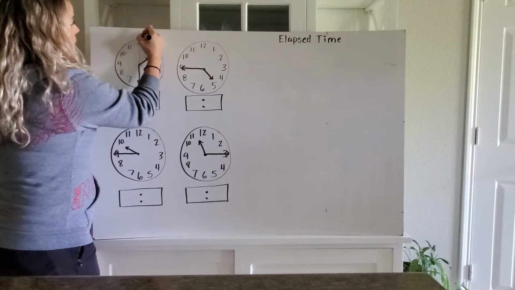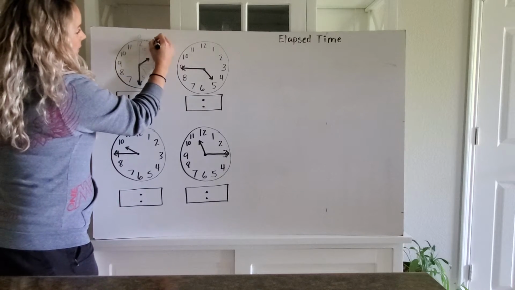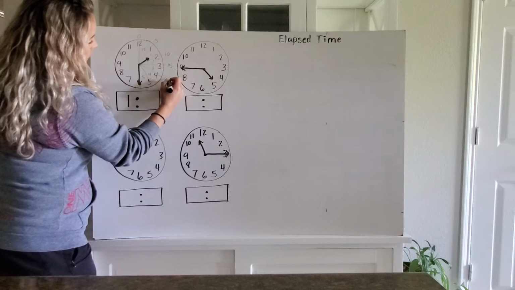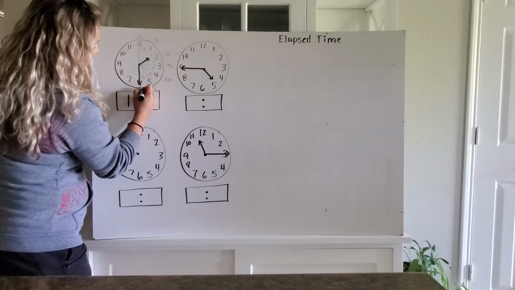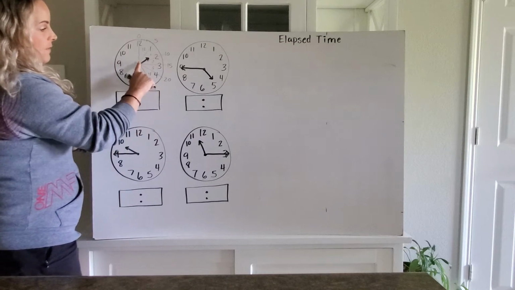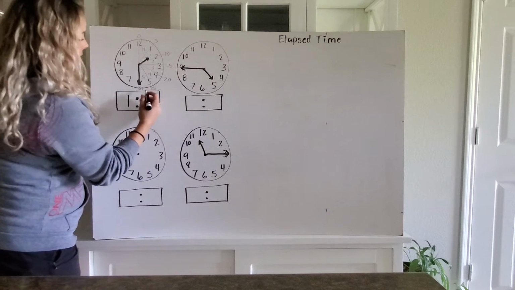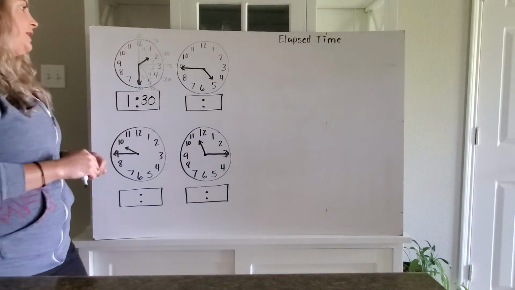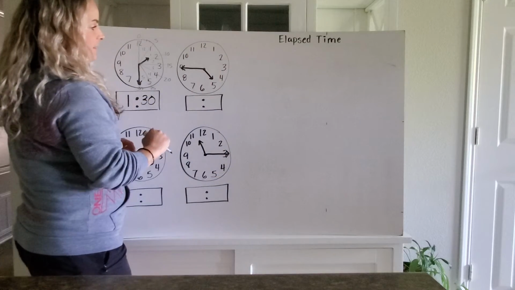It's just skip counting like multiplication: 0, 5, 10, 15, 20, 25, 30. So the minute hand, which is the longer one, is pointing to 30 minutes. So this clock says 1:30, and then time passes by, and it ends up to be this time.